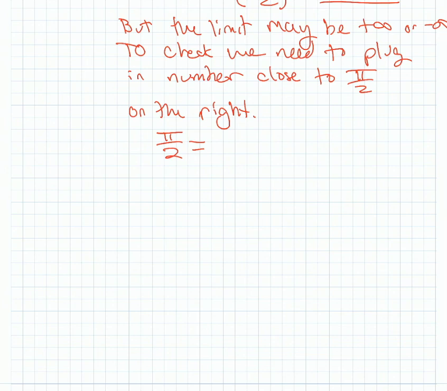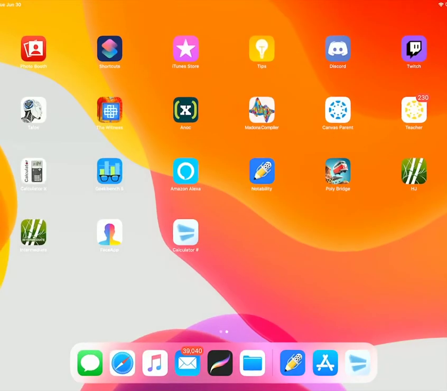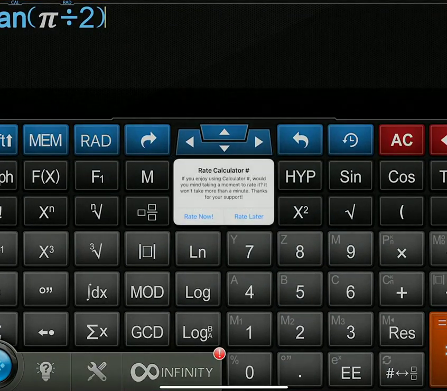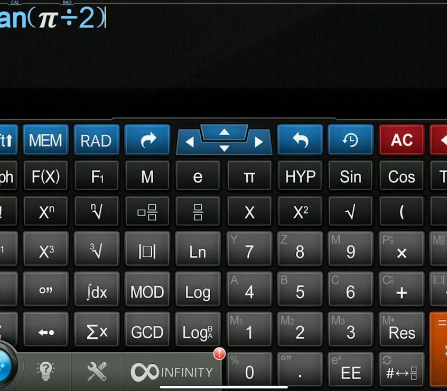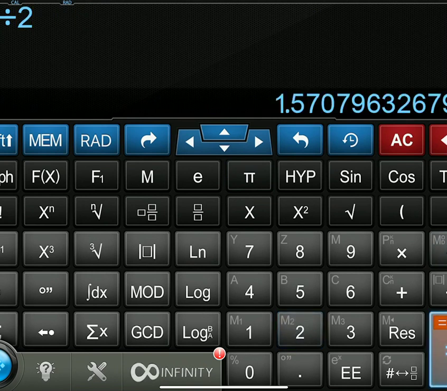Enter. 2, divide. It says pi over 2. How do I make it give me a number here? Oh, that's terrible. Well, I don't know how to do that, so we're going back to the other calculator. Pi over 2, enter.